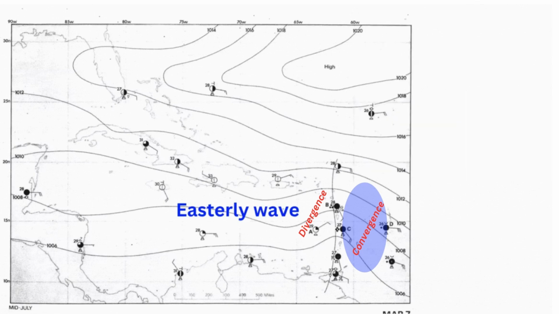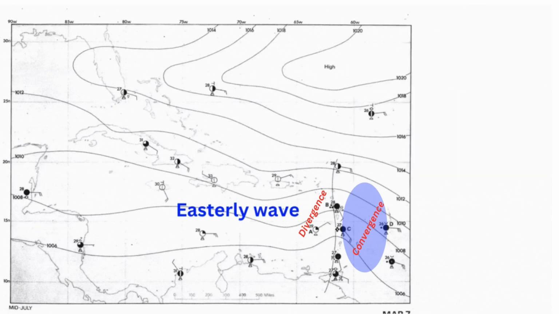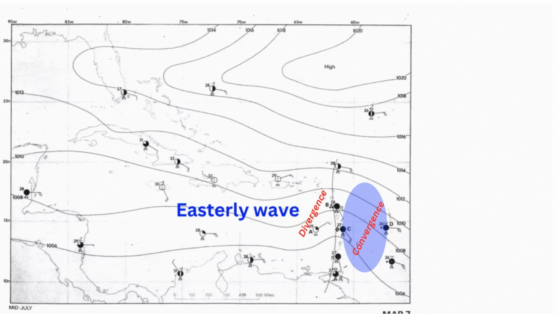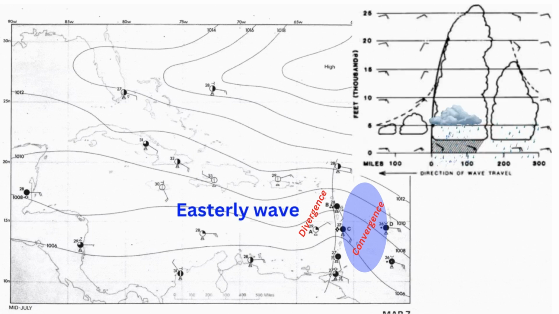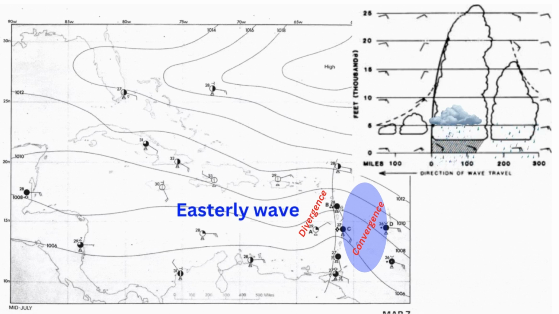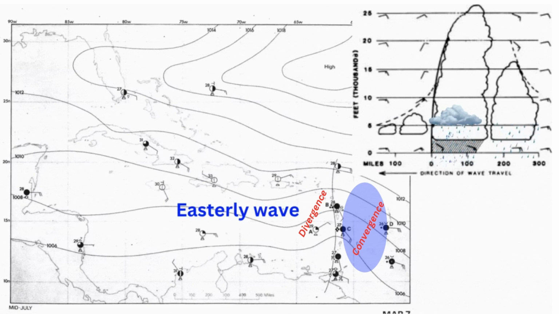Instead, it appears as a bend in the isobars, pointing northwards to the higher values. To the west of the trough, there are stable conditions because of divergence. To the east of the trough, weather is unstable due to convergence. But the trough itself is the most unstable part of the system.